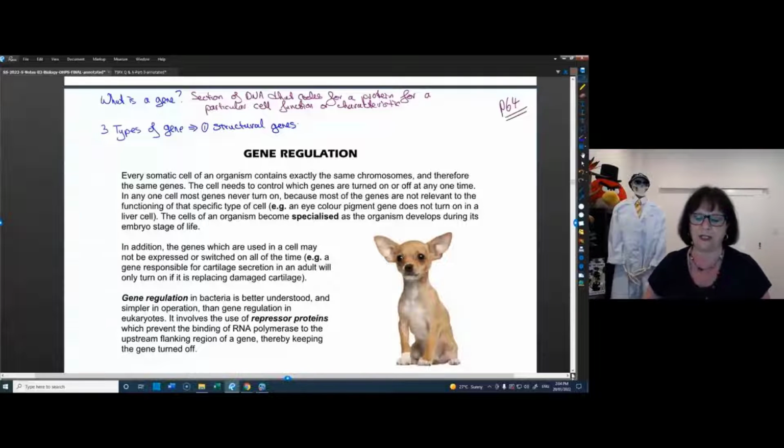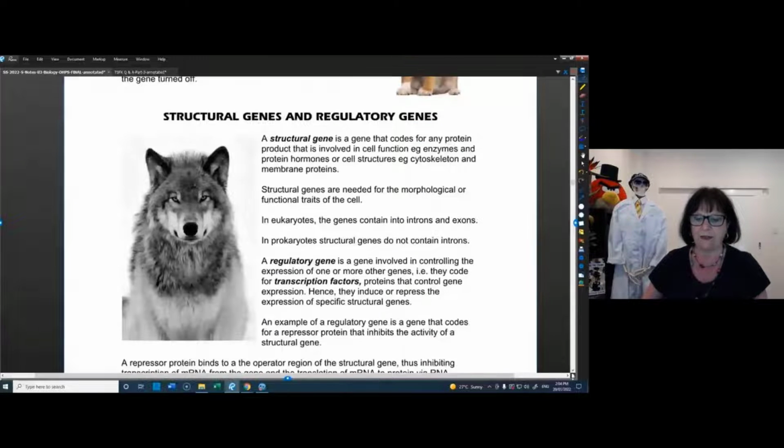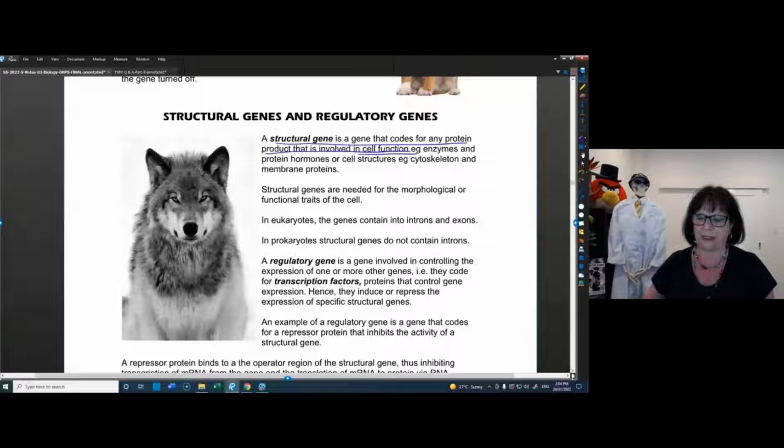These are the genes that code for enzymes, they code for protein structures within the cell, and they are the ones that give you the colour of your hair, the colour of your skin and eyes, and height and all those. They're the structural genes.